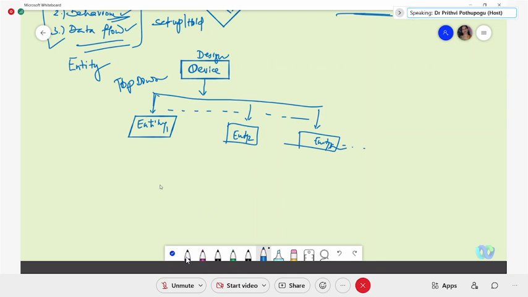So here, each design unit, or each design entity, the VHDL program will give you 5 different types of primitive constructs.